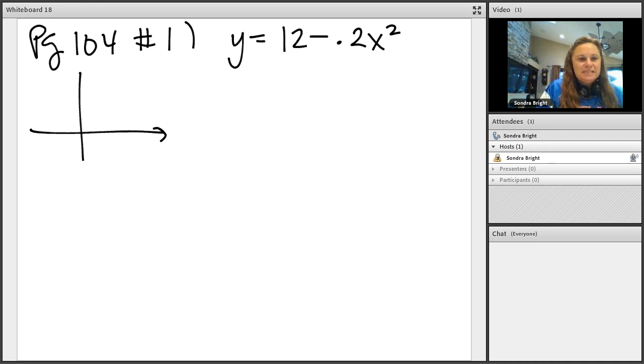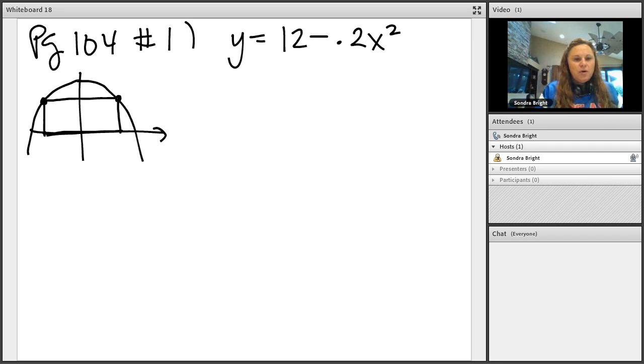So this is an opening down parabola. And what it's saying is that there is a rectangle where the top corners of your rectangle correspond to these points on the parabola, and the bottom is on the x-axis.